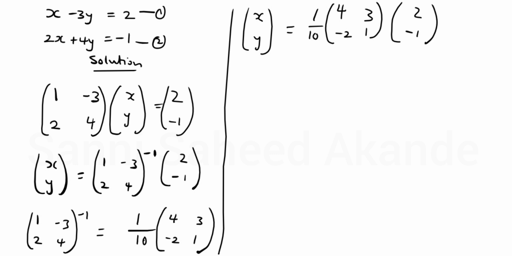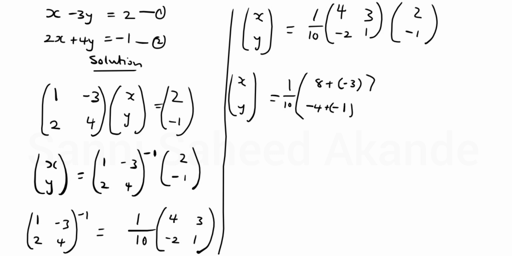Let's multiply these matrices together. When we multiply them together, we have 4 times 2, that is 8, plus 3 times -1, that would be -3. Then we have -2 times 2, which is -4, then 1 times -1 is -1, plus -1.